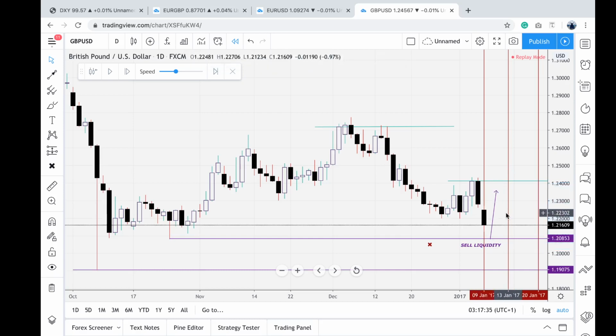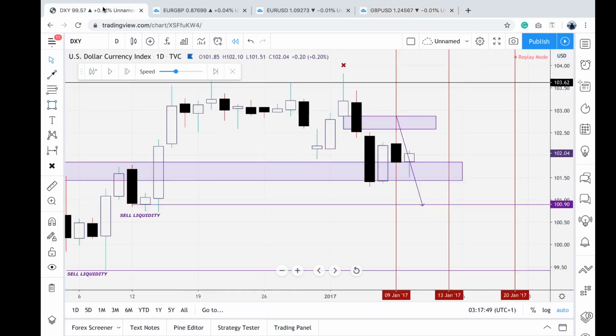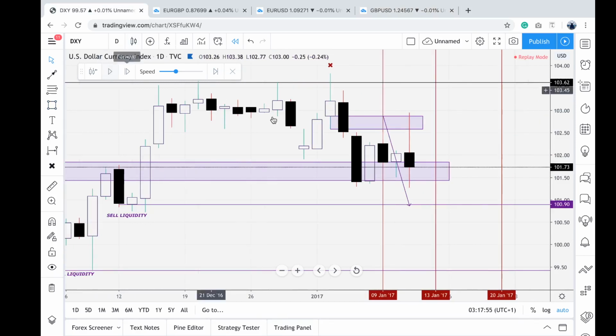Okay. So our first level obviously will be this bearish order block. So let's highlight that level before we get to our rejection block on a daily basis. So DXY, let's see what DXY actually does. So DXY taps our level precisely and drops down.